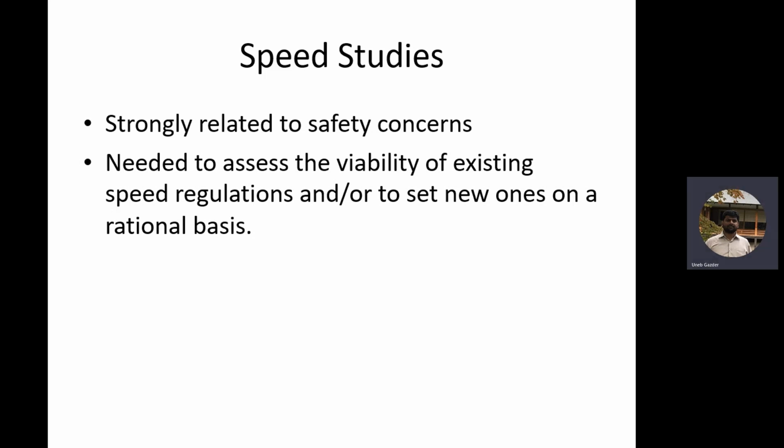So speed can be a cause of the accident, and speed can be a reason for having a severe accident as well. Accidents which happen at low speed are less severe, right? Their damage is less compared to accidents which happen at high speed. So speed can be a cause of accident and can also be the source of having more damage.